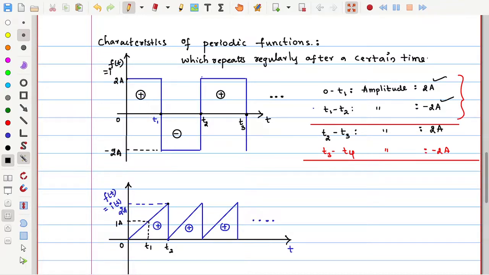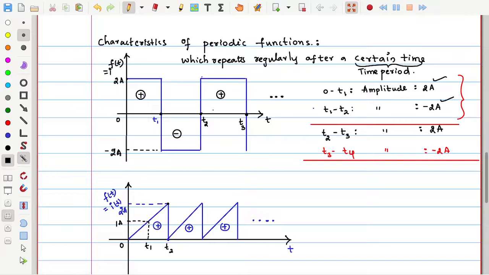This certain time we call the time period.